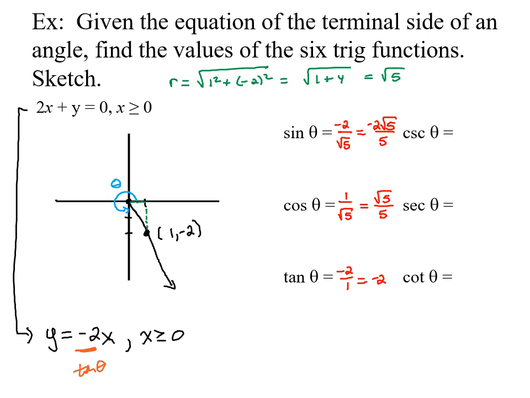If you're going to flip one over, flip the one before you rationalized it. So don't flip the negative 2 root 5 over 5. Flip the one before that and get negative root 5 over 2, so you don't have to rationalize it again. Or 1 over root 5 just becomes root 5, or negative 2 becomes negative 1/2. And that's all 6 trig functions based on that line of the terminal side.